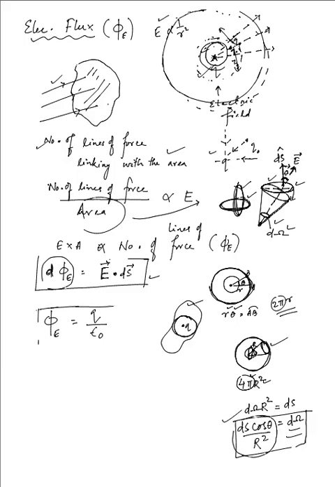I have done this derivation exactly how it is in the electrostatic part. Once again, I would refer you to go through that in case you do not get this. And this is obviously the total charge enclosed within that volume. If Q is the amount of charge, then Q is what we get over here, but in general this is the total amount of charge that is enclosed by that enclosing surface.